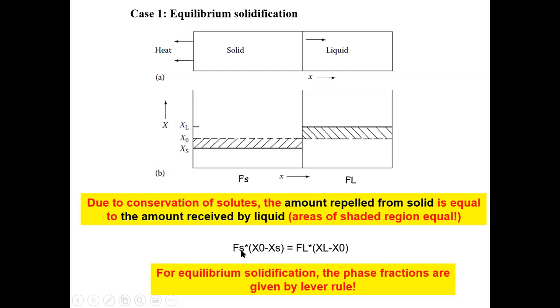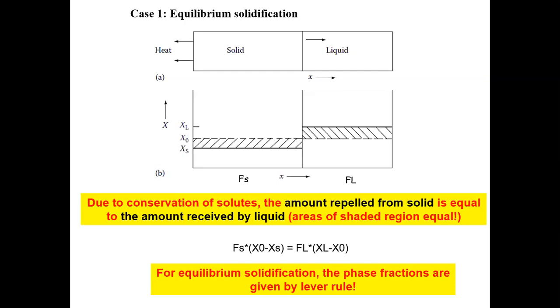If you move the FL here and this whole part there, this is your solid arm, and this is your liquid arm. So the ratio of the two, see, the solid fraction is proportional to this arm, and the liquid fraction is proportional to this arm. So this is literally the lever rule that we look at from a different context. But by looking at the solidification processes and redistribution of solutes, you can easily recover this lever rule.